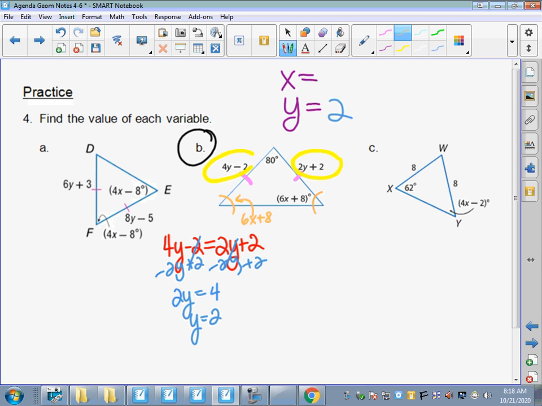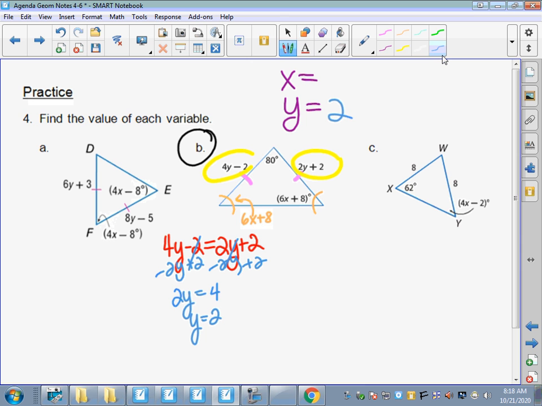Now your first thought might be, oh, I'll just set those two equal to each other. 6x plus 8 equals 6x plus 8. But that's not going to get us anywhere, right? It's just a true statement, because if I subtract 6x from both sides, I've got no x's left. If I subtract 8, I got nothing. So that's not a good option.